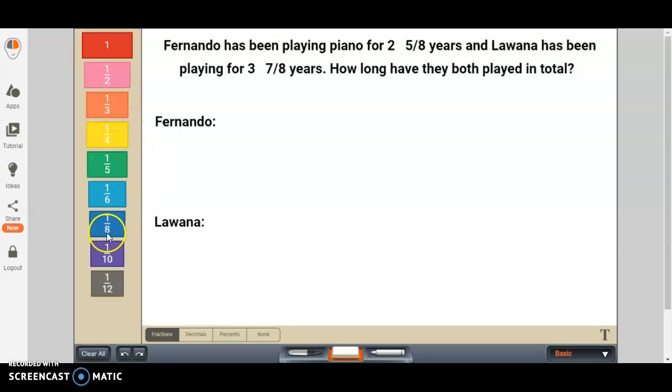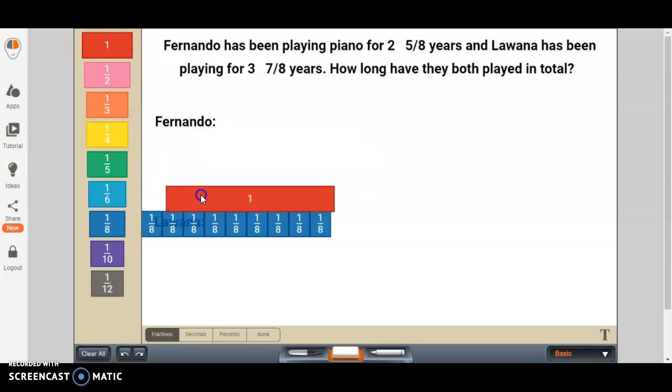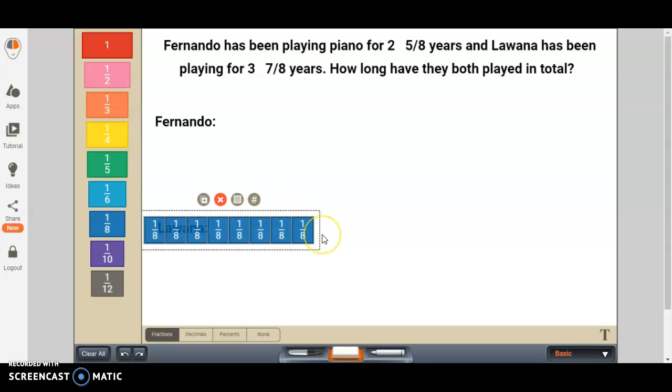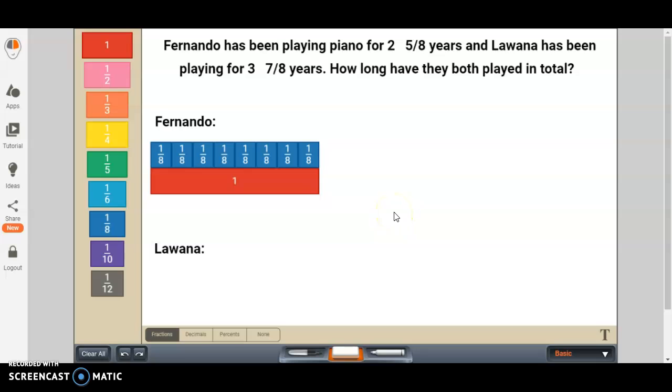So let's see, we need to work with eighths. 1, 2, 3, 4, 5, 6, 7, 8. I'm just going to compare it quick. So let's see, Fernando. One moment. Okay, we fixed it.